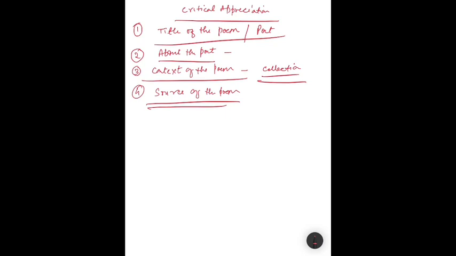So after writing all these points about, say, title, poet, context, source, then write the setting. What is the setting of the poem? This again is very important, the setting of the poem, because the poem has a specific setting, and sometimes setting provides us the theme of the poem.